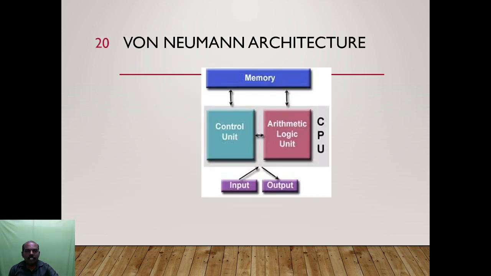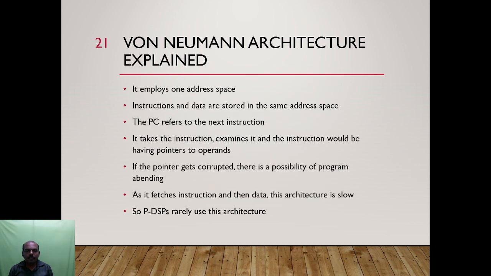The next architecture is Von Neumann architecture. In Von Neumann architecture, we again have three blocks. First one control unit, second one arithmetic logic unit, third one memory unit. The next one, input and output. Von Neumann architecture explained. It employs one address space. Instructions and data are stored in the same address space.